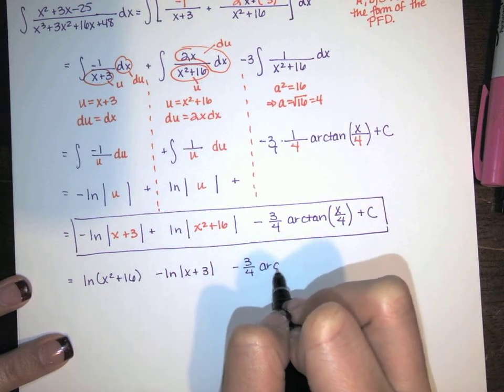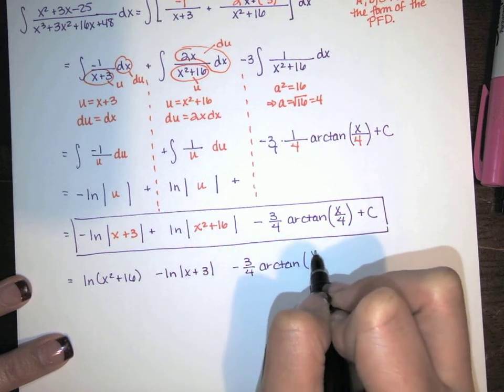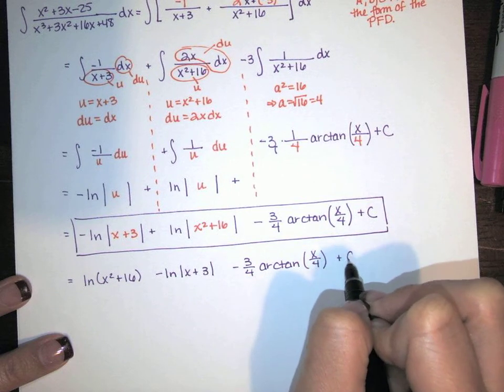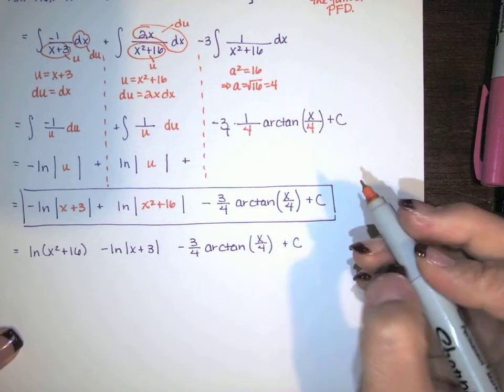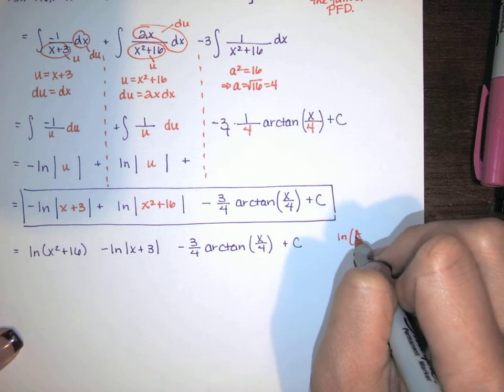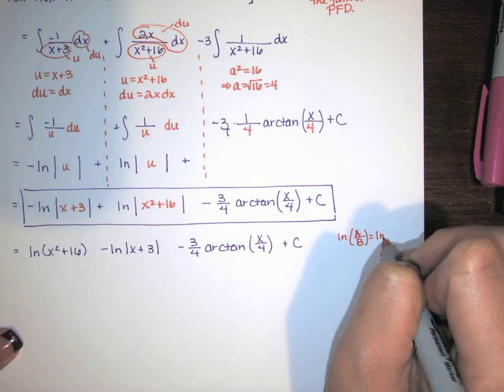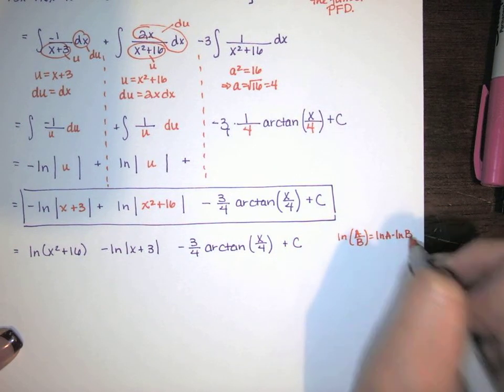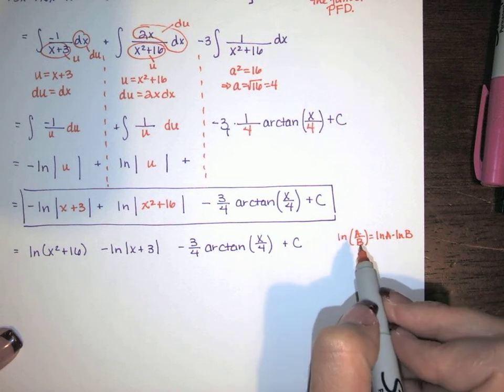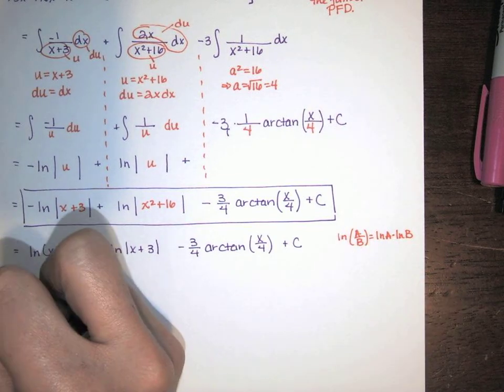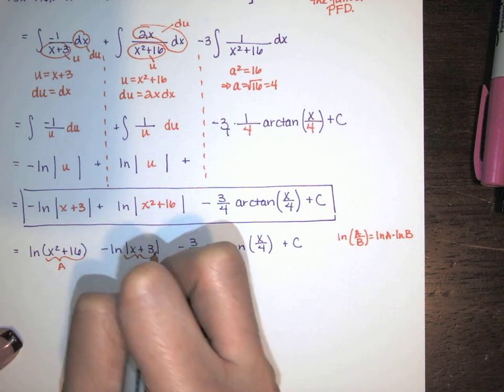So here's an alternate form of your answer. Now I've got log of something minus log of something else. Remember, we can use this rule. If I have log of a minus log of b, I can write that as log of a over b. So this one is my numerator, that's my a, and that's my denominator.